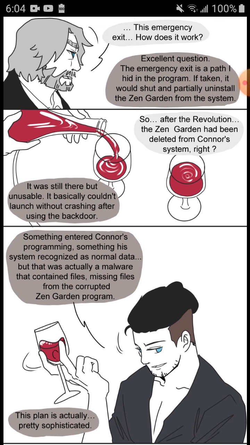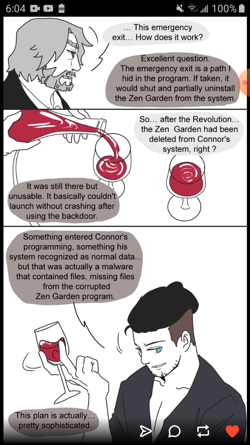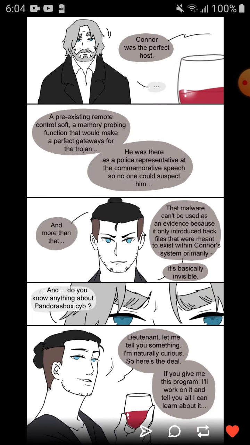Something entered Connor's programming. Something his system recognized as normal data, but it was actually a malware that contained missing files from the corrupted Zen Garden program. This plan is actually pretty sophisticated. Connor was the perfect host. A pre-existing remote control software, a memory probing function that would make a perfect gateway for the Trojan.